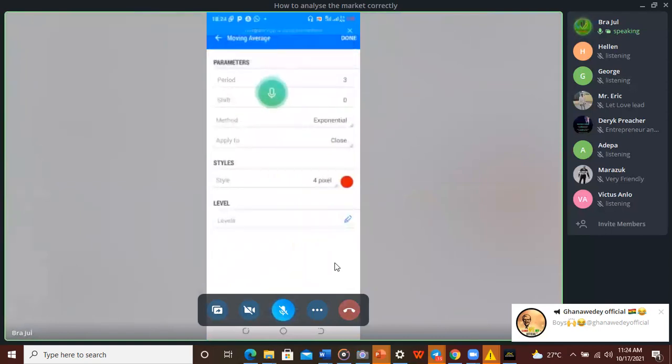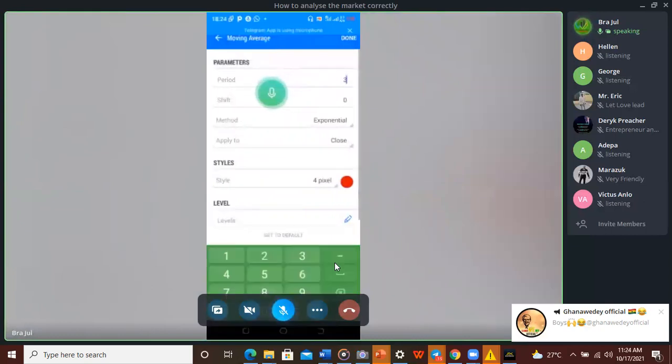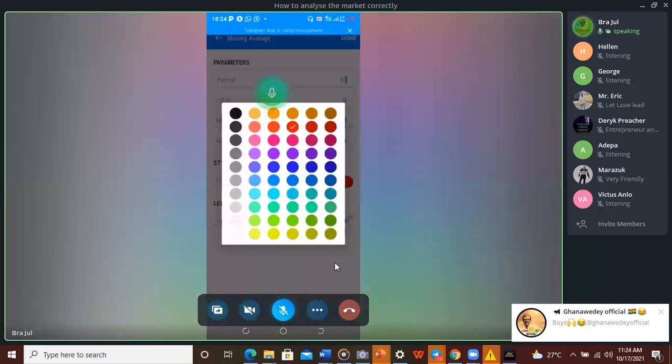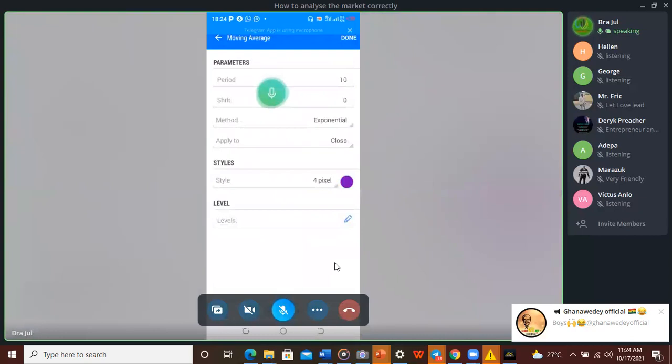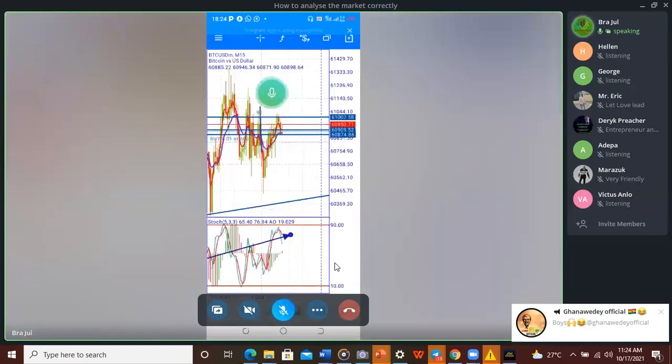So now I'm going to change the period to 10. It's the same exponential method, so you can set it to exponential. Then I change the color to somewhere violet. Yes. Then that's all for me. So I go to done, and then it's added to the screen.